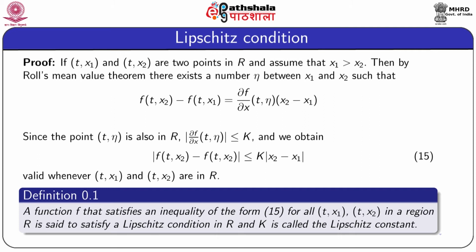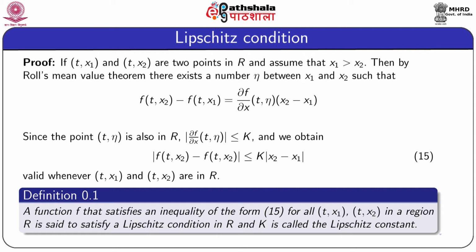Since the point (t, η) is also in R, |∂f/∂x (t, η)| is less than or equal to K, and we obtain |f(t, x2) − f(t, x1)| ≤ K |x2 − x1|, given by equation number 15, valid whenever (t, x1) and (t, x2) are in R.